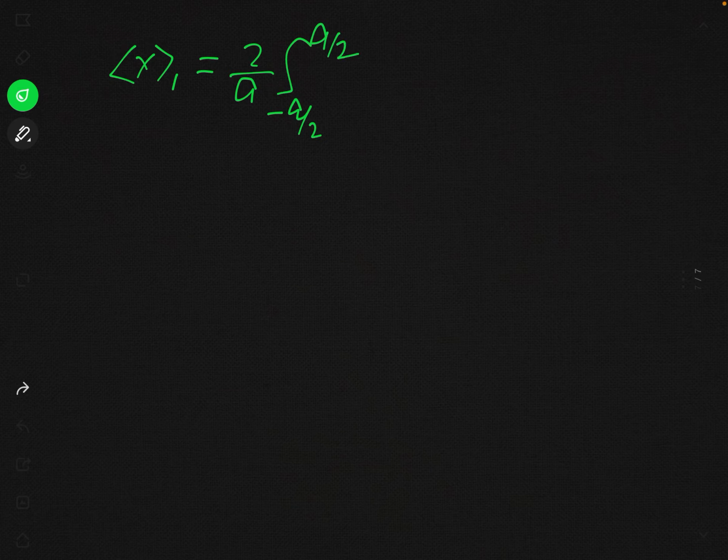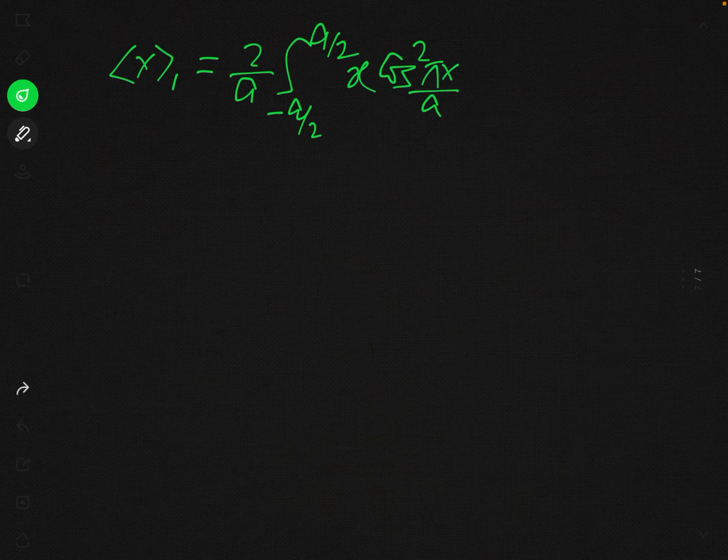And now let us simplify it. So the expectation value of x in the ground state is equal to 2 by a times the integral from minus a by 2 to plus a by 2 of x times cos square pi x over a.